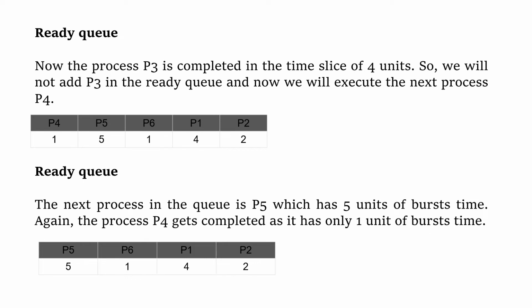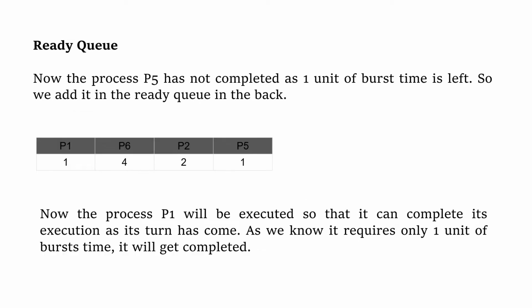Now P4 gets executed; since it has only a burst time of 1, it is executed completely and will not be added at the end of the ready queue. And next is the process P5. It has 5 units of burst time, and it will get executed only for 4 units of time quantum, and then it is added at the back of the ready queue.